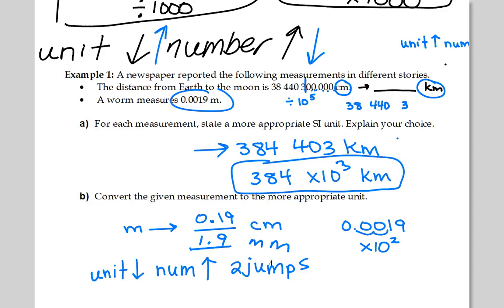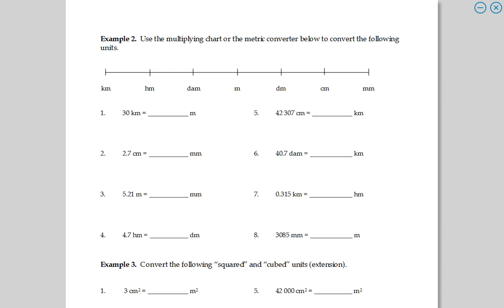So, metric conversions. Pretty sure it's taught in elementary school. It's not a difficult concept, and you need to have this mastered so that we can do harder things. Often you're given a question, and then you're asked to convert, and then you have to solve some problem.